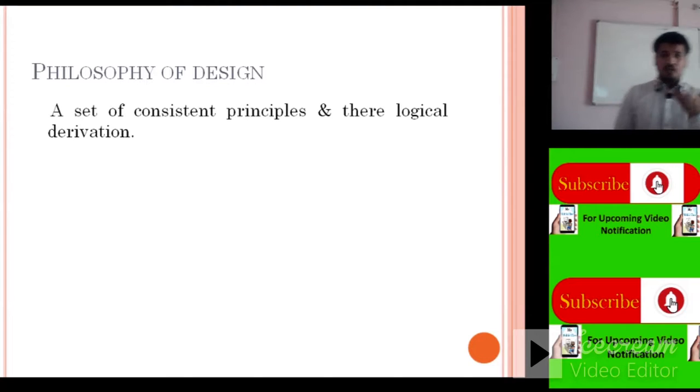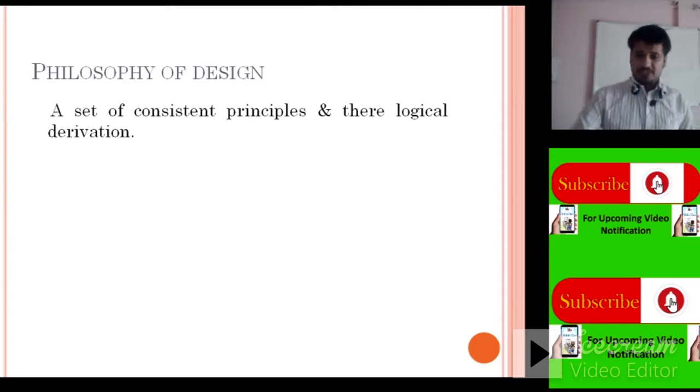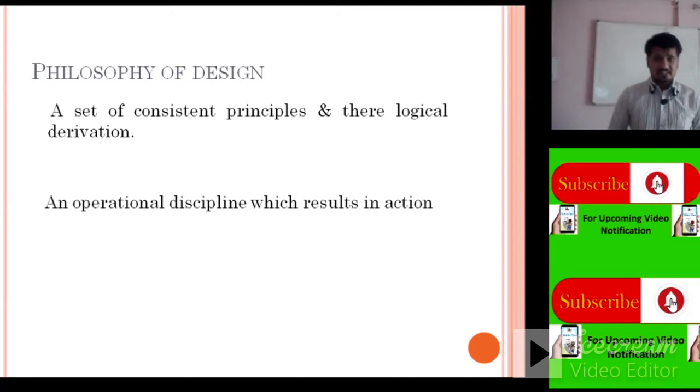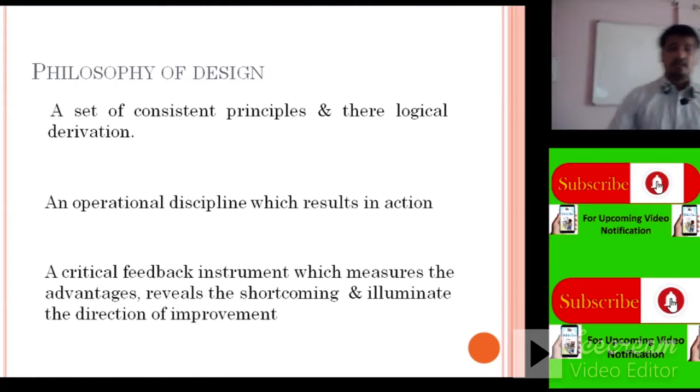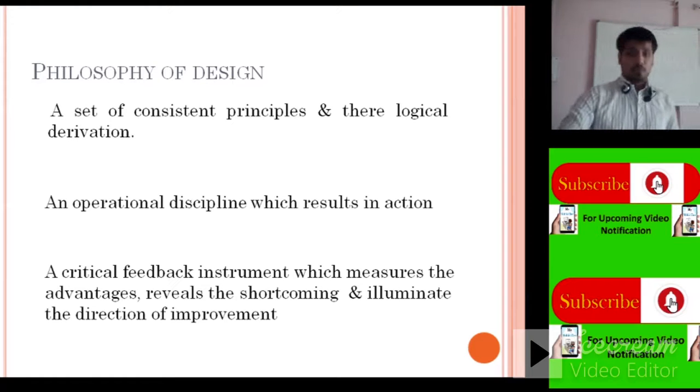When we identify or define a principle, we have some derivation also, and we have to consider the logical derivation for machine design. The second is an operational discipline which results in action, and the last one is a critical feedback instrument which measures the advantages, reveals the shortcomings and illuminates the direction of improvement.